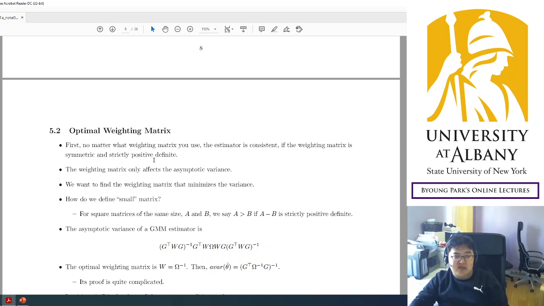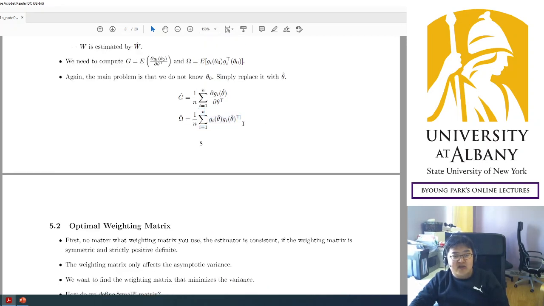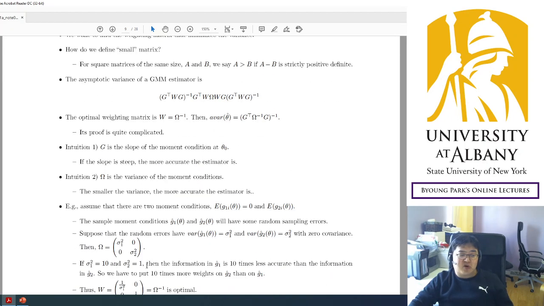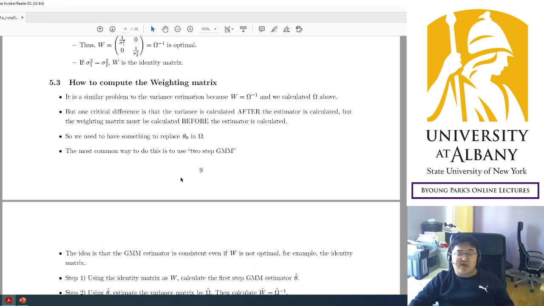That means you have to define the optimal weighting matrix before estimating the parameter. Therefore, this method does not work. Theta hat is not available at all because you have to find W before estimating theta, but you need the result of theta before you do the estimation. So it doesn't work.